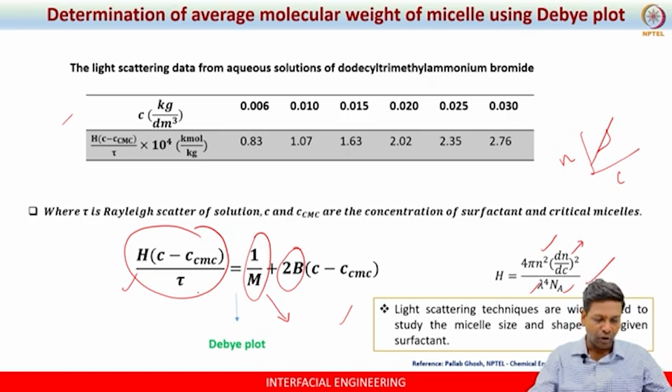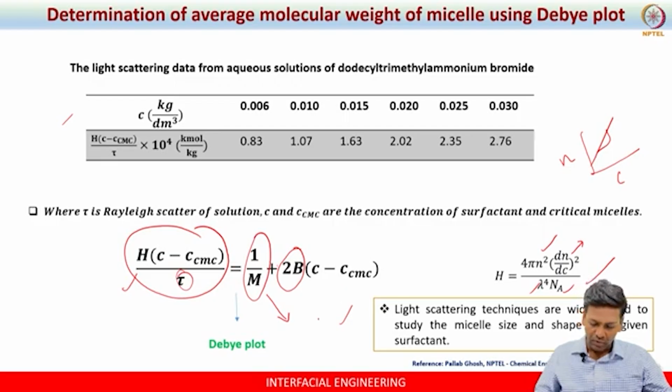When you plot them on the y-axis, the C and tau will be varying depending on the concentration of the sample that you will be subjecting to. So based on that, you will get different y values and different x values.